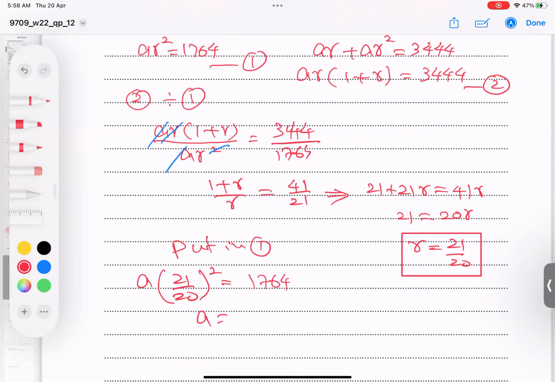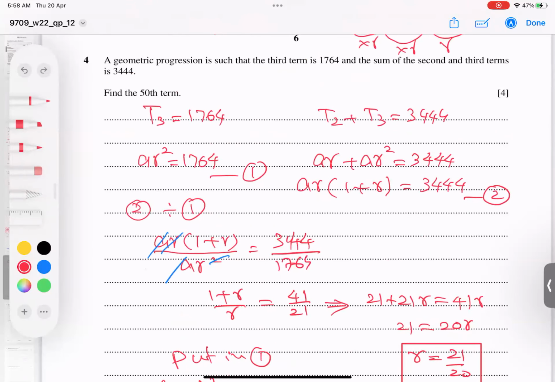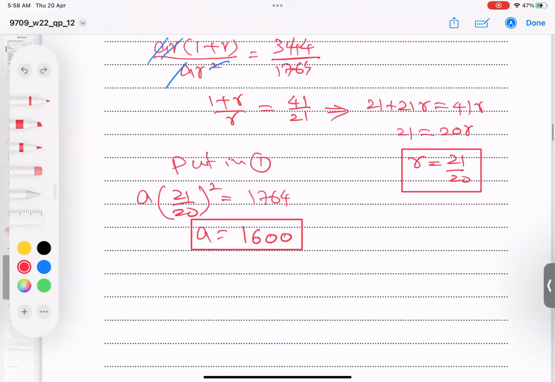So if I get it here, 1764 divided by 21 over 20 and power 2. So what answer do I get? 1600, a value. So it means a value is also confirmed, r value confirmed. I'm looking for the 50th term. But see, first of all, r value is bigger than 1.